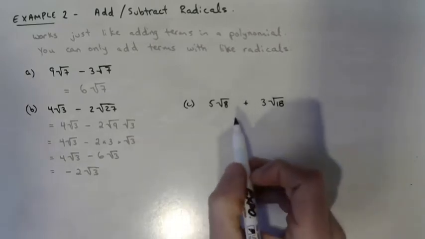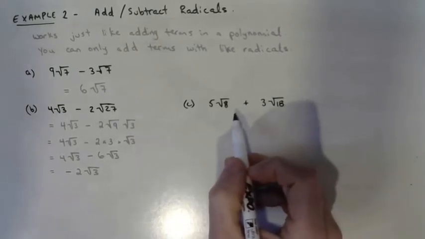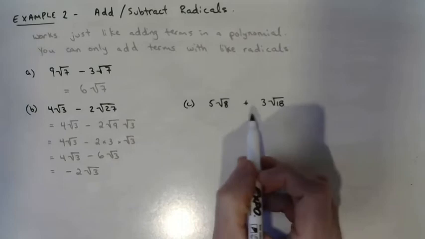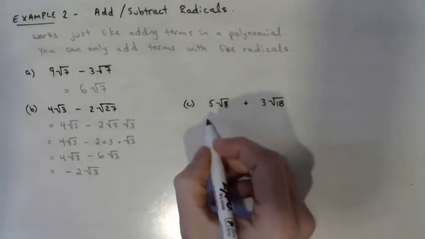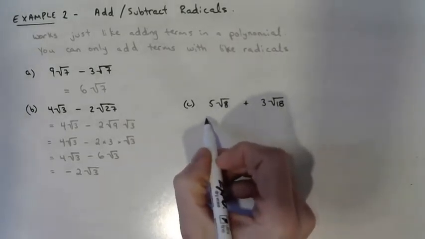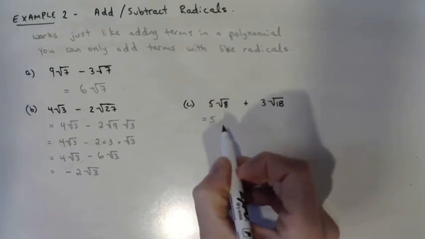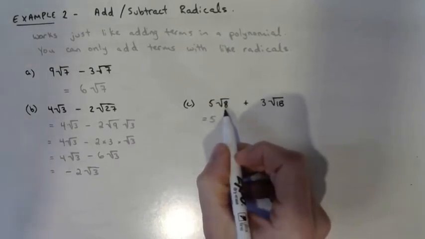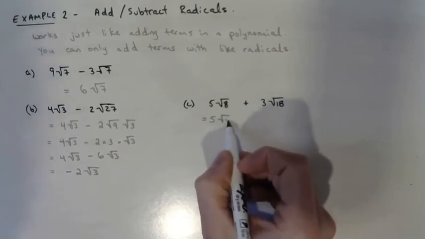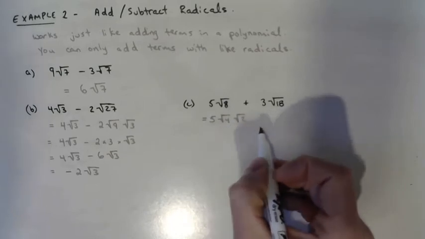The next example looks like nothing really in common, but actually both of these radicals can be simplified. So we're going to do that really quickly. I'm going to start skipping more steps so we can move along. But radical 8 is radical 4 times radical 2.